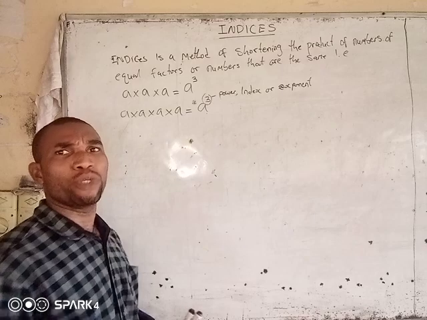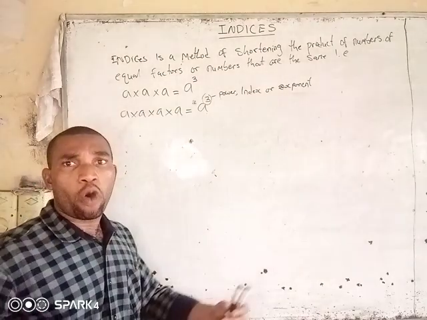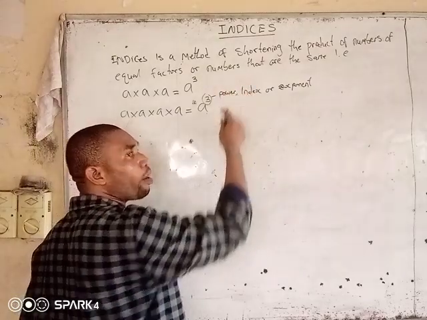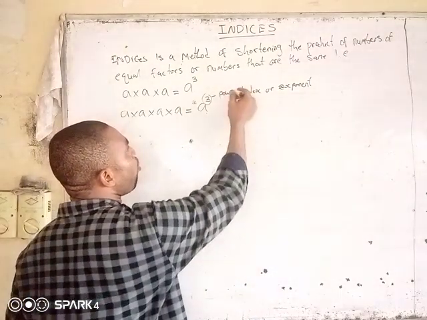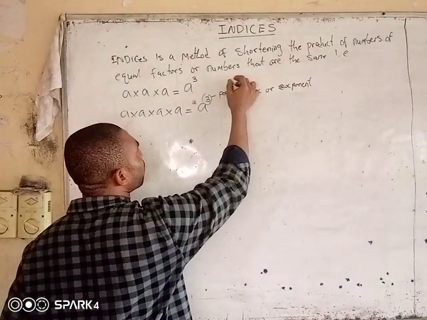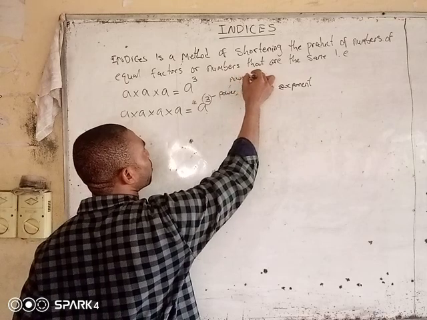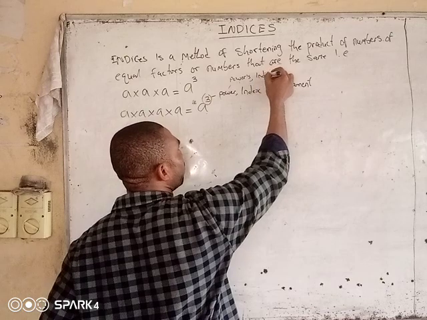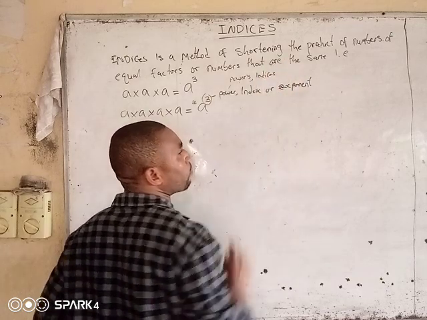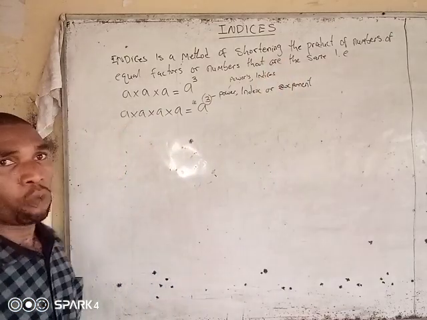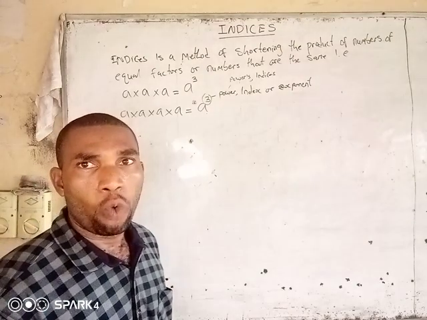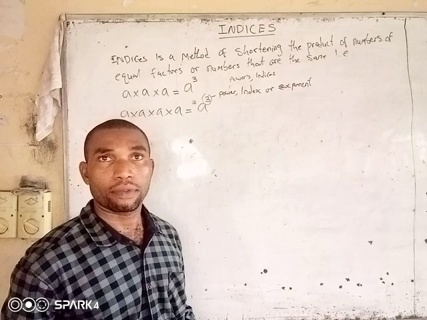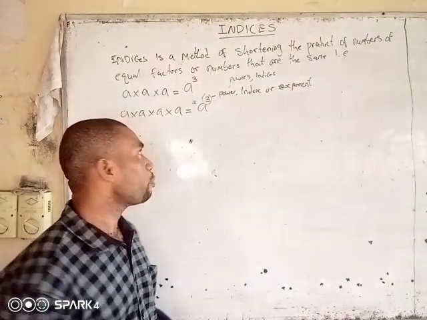The plural form of power is powers, and the plural form of index is indices. Because whenever we are treating indices, we are simply talking about powers.